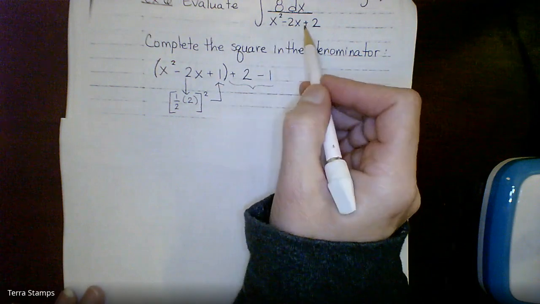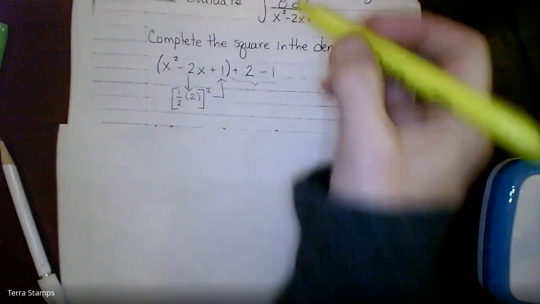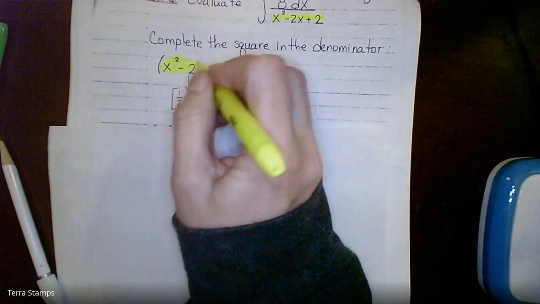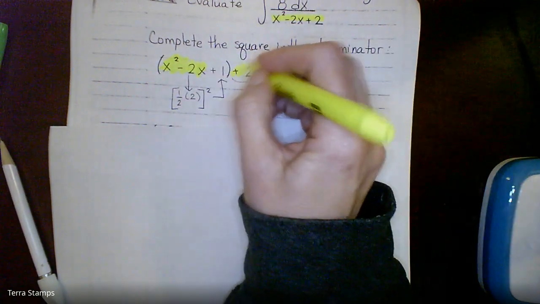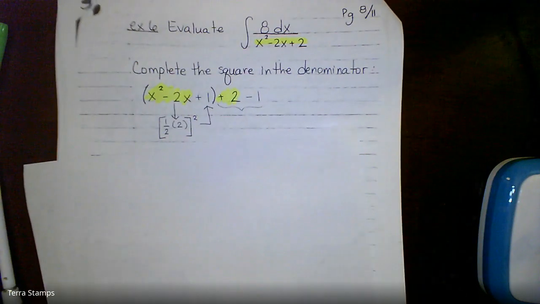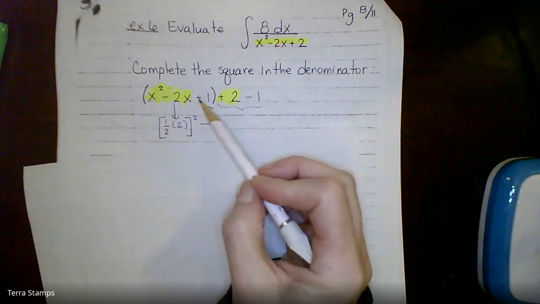What that means is that I'm going to take this denominator right here, that x squared minus 2x plus 2, and I'm going to leave a space right here.